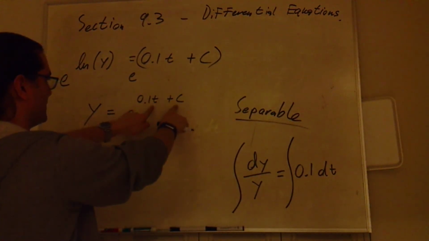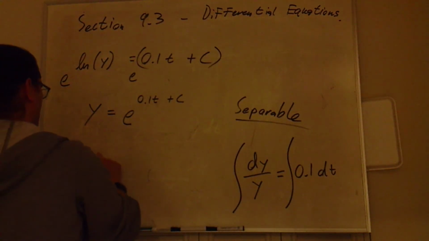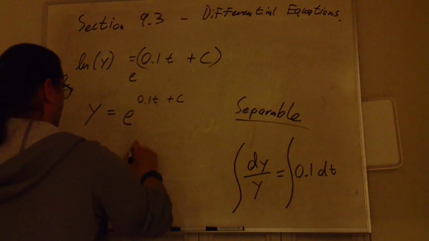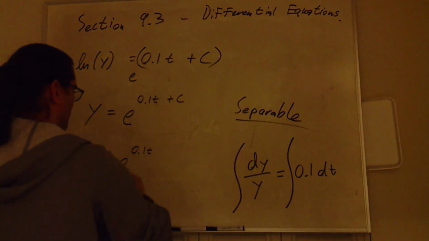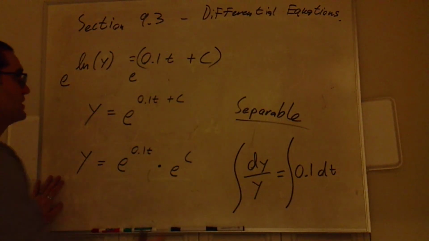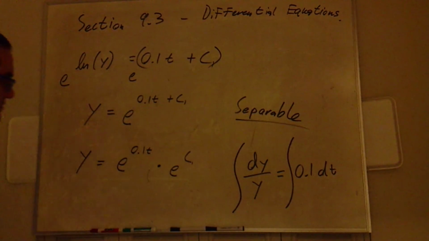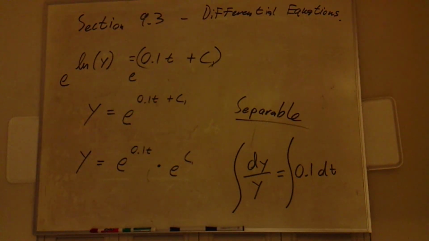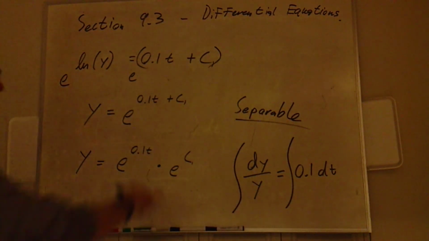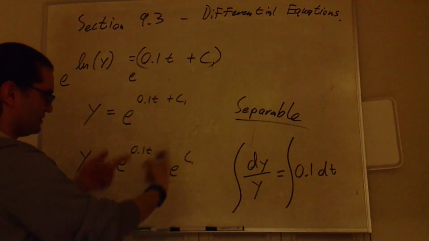I'm going to split the exponent on the e. So what I have here is y equals e to the 0.1t times e to the c. I'm actually going to call this c1 because I'm going to get some other arbitrary constants involved here. So addition inside of an exponent is the same as multiplication between two exponents with the same base.